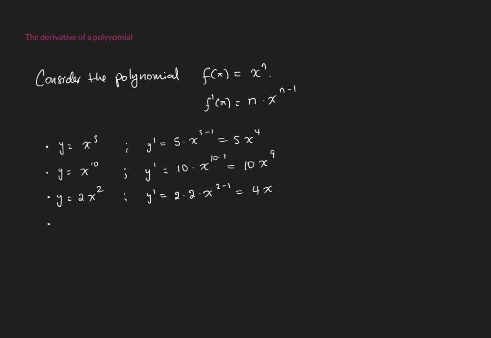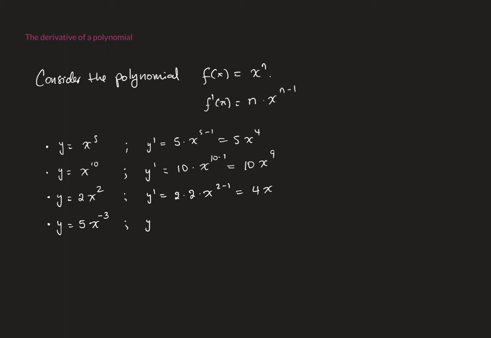One more. Imagine this has a coefficient of 5 and it has a negative power of minus 3. The rule is still the same. Even if the exponent is negative or a fraction, you're going to use the derivative in the same way.